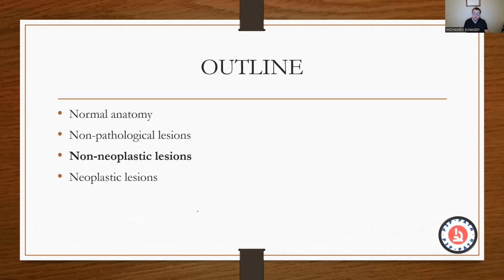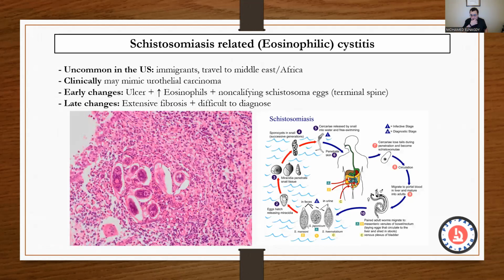Then we're going to cover some of the non-neoplastic lesions that were encountered in the Q banks for the boards. Eosinophilic cystitis is one of the commonly asked entities in the Q banks, and the striking finding here is when you go by endoscope, they tell you that the endoscopic findings show inflamed lining of the urinary bladder.